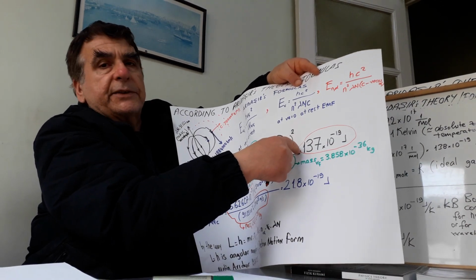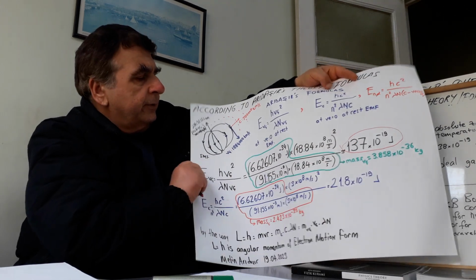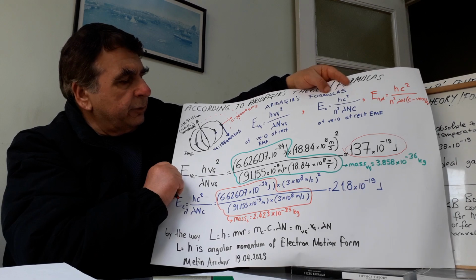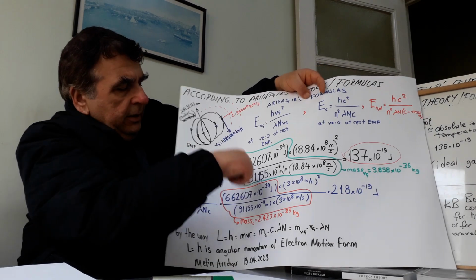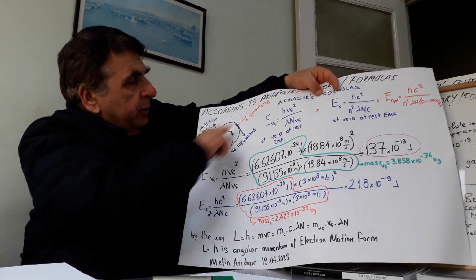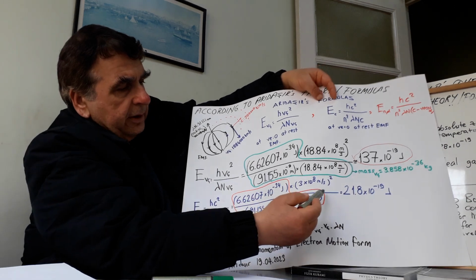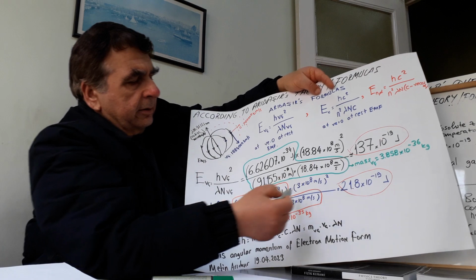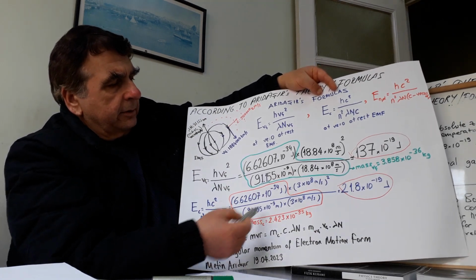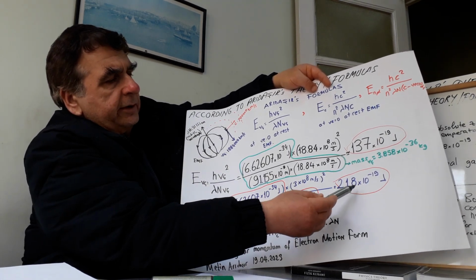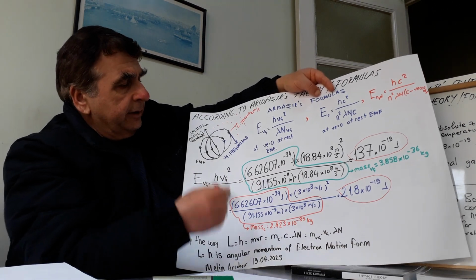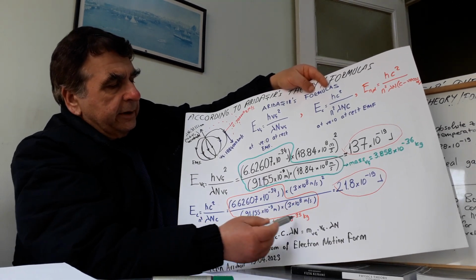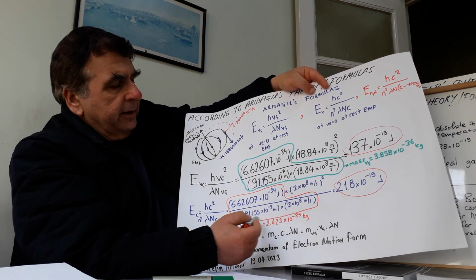This is the constant energy of 91.155 nanometer wavelength size electron motion form. Under this, the speed of light direction component energy that I account is 21.8 10 to the minus 19 joule, and here in the red area the mass formula represents mass.